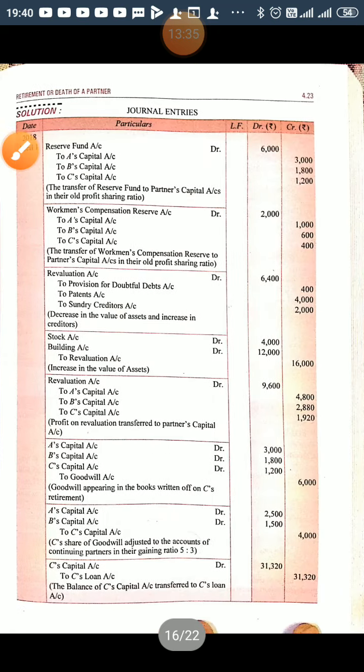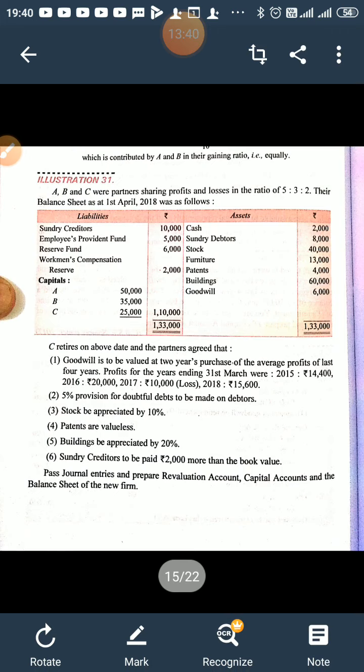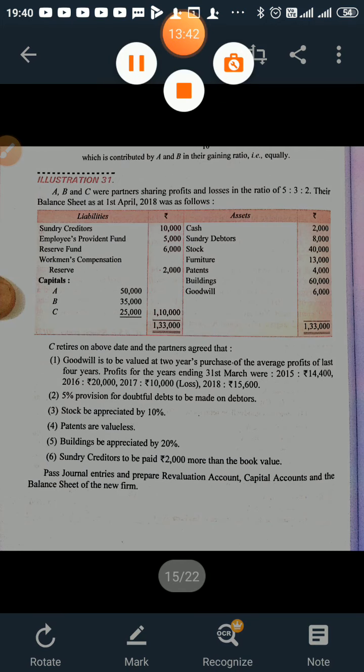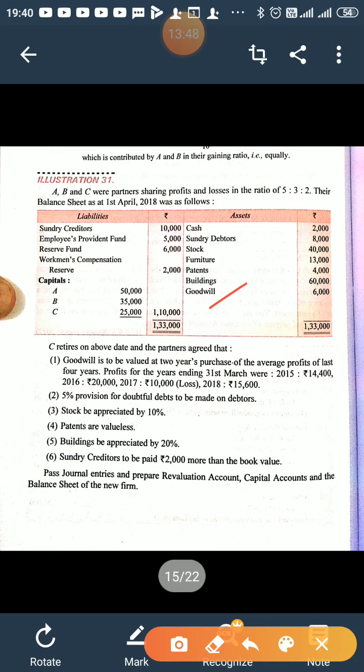Right, so this is all about the revaluation. Apart from this, one more thing is left, and that is goodwill. This is an existing goodwill. The accounting treatment is that existing goodwill should be written off among all the partners in their old ratio.